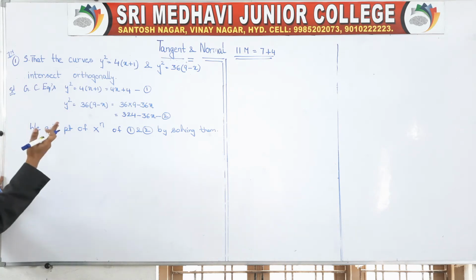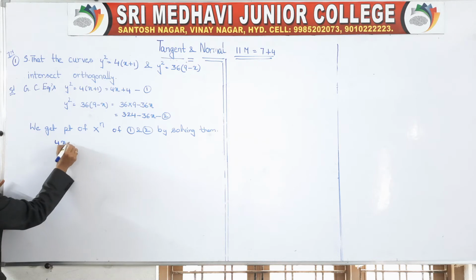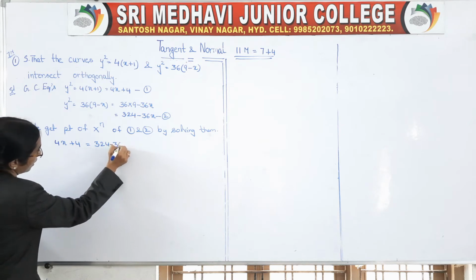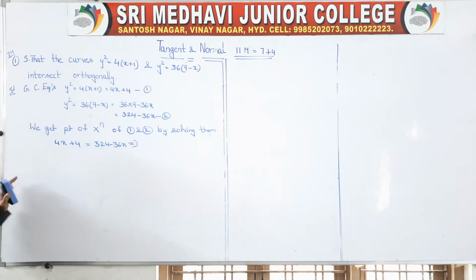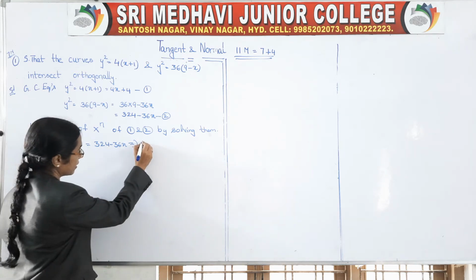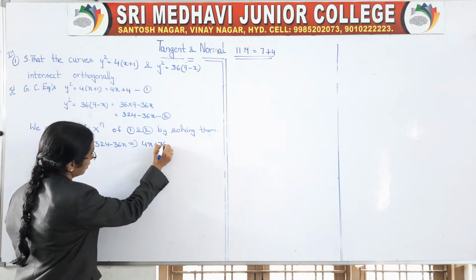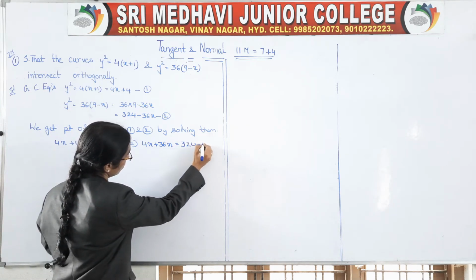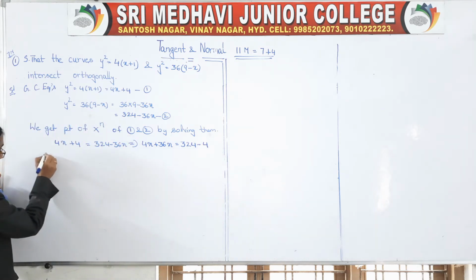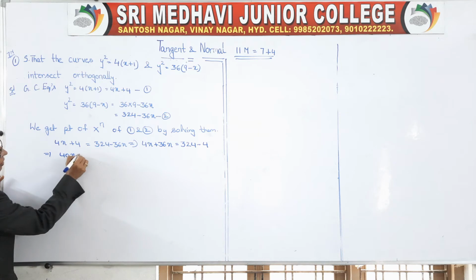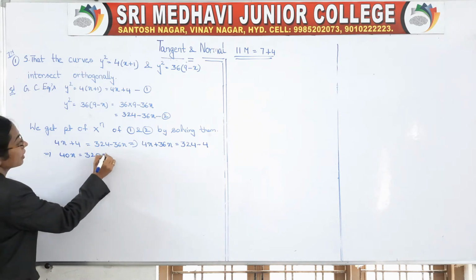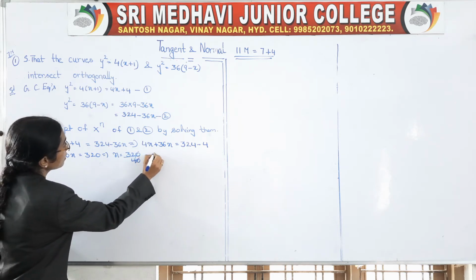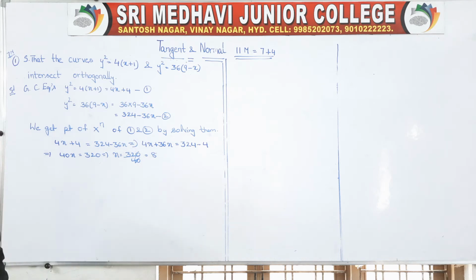Both are y square, so the right side values we will equate. 4x plus 4 is equal to 324 minus 36x. This is negative, bring it to this side: 4x plus 36x is equal to 324 minus 4, which is 320. So 40x is equal to 320, x is equal to 320 divided by 40. 0 0 cancel, 4 8s are 32. You got x is equal to 8.